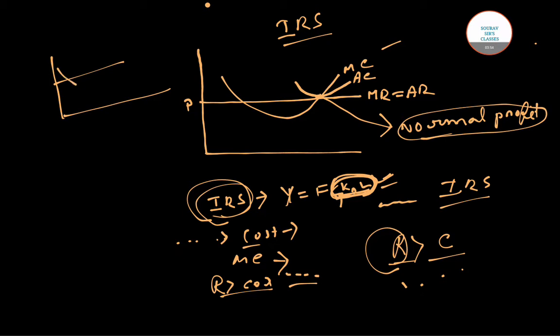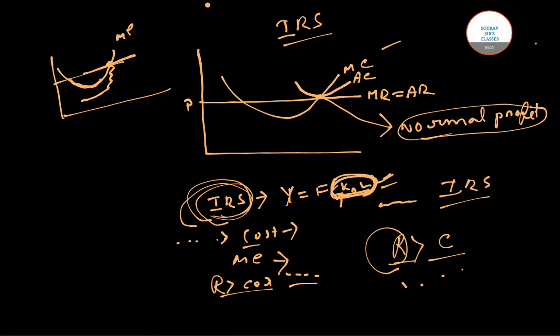So you can see from here marginal cost is falling and the price line, that is at this level P into Q, which is revenue, is more than the marginal cost. So the very moment marginal cost becomes equals to the revenue, we call it an equilibrium. Now increasing returns to scale basically talks about this area when revenue is more than cost.